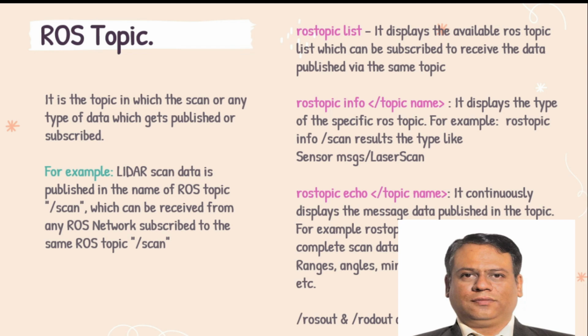I can transmit the distance and angle Lidar data under the name /scan, the accelerometer value under the name /mems or /accelerometer, and the temperature value under the name /temp. That kind of thing will already be there. Whatever ROS topics a certain ROS system is using, it will list them out when we pass the command ROS topic list.